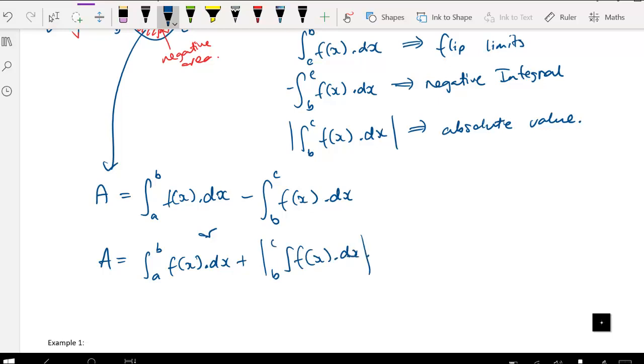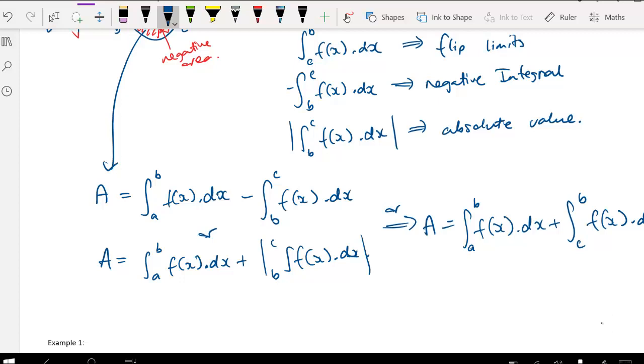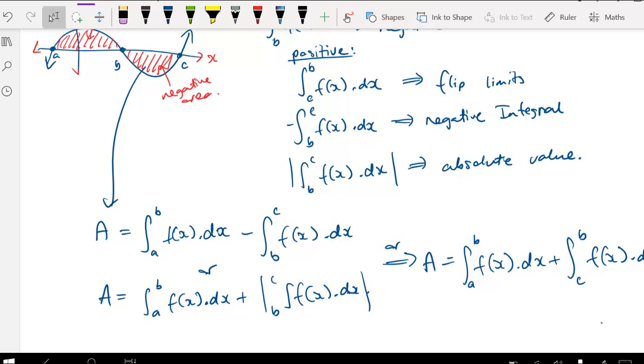Of course, I could also say that the area is equal to the integral between b and a and the integral between b and c, so flip those limits. So these three expressions mean the same thing, and it will allow us to calculate the physical area rather than having a positive and negative area working against each other.